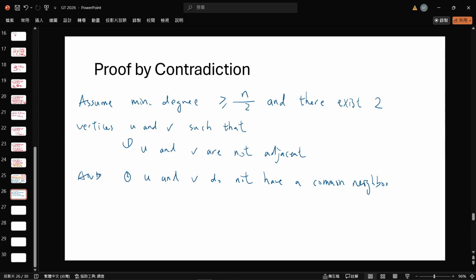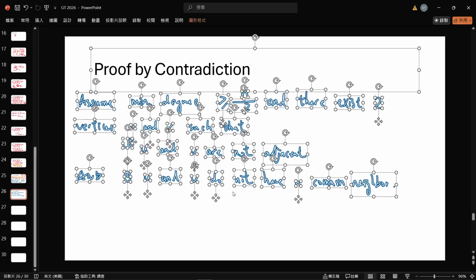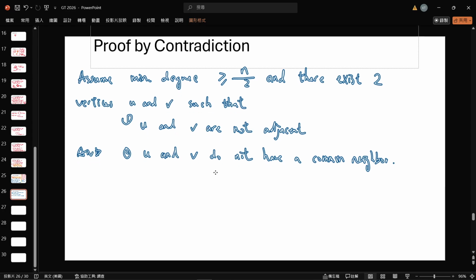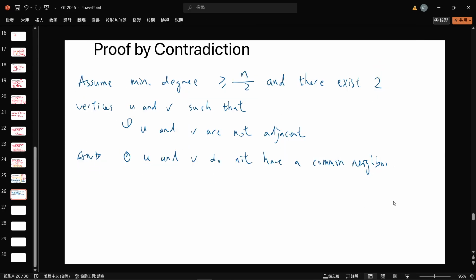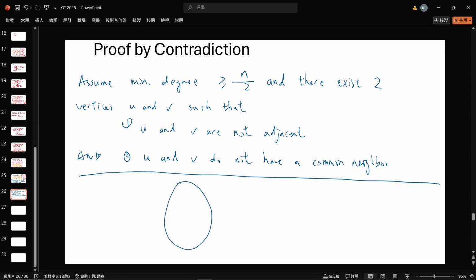And now we want to find some contradiction. So let me first draw the whole picture. First, I'm going to draw the set of U's neighbors.